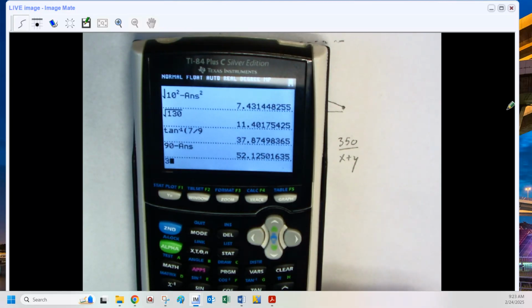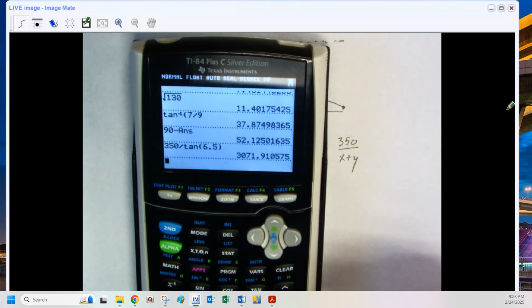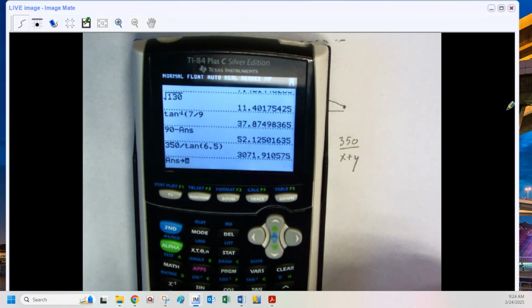And so 350 divided by the tangent of 6.5. That's that number there. And that's y. And so let's just go ahead and store it. So hit the store button, and then hit alpha, and then hit y. All right, and so that'll be y.